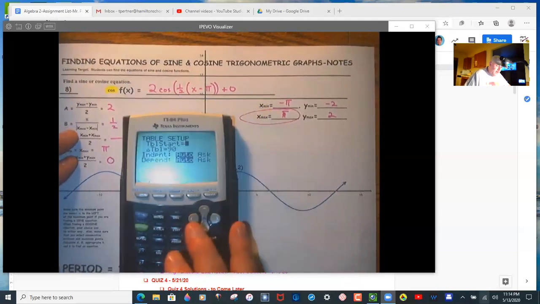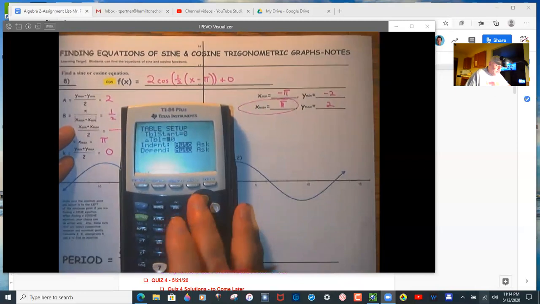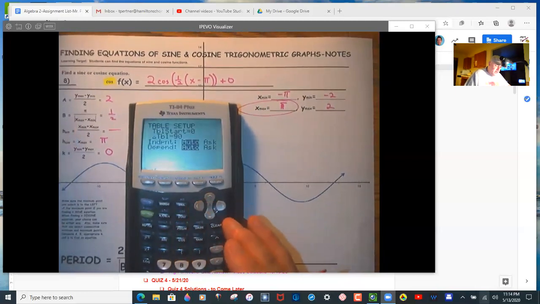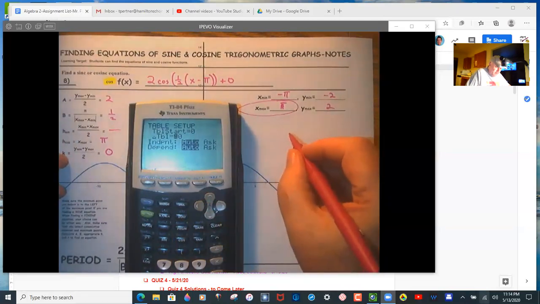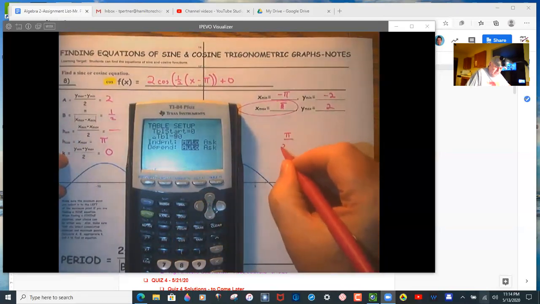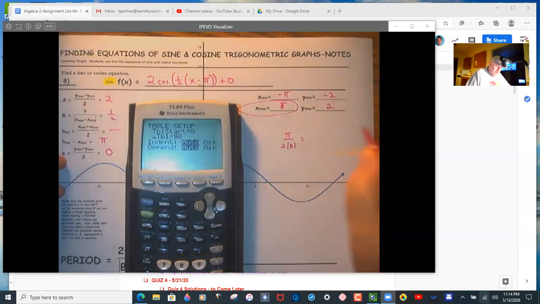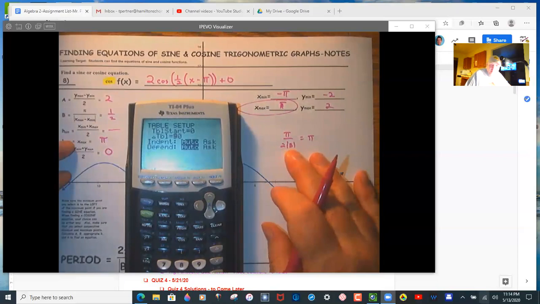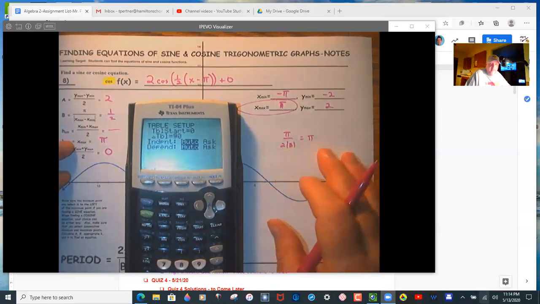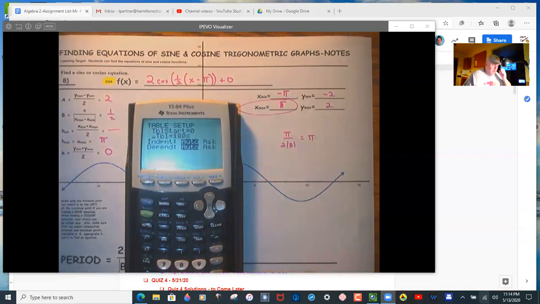Now, when you set this up, I'm going to go by degrees. So your delta table, you would have to remember and look that up. It's pi over 2 times absolute b. So your delta table would have to be 2 times 1/2 is 1, would have to be pi, which is 180 degrees if you wanted to do this.